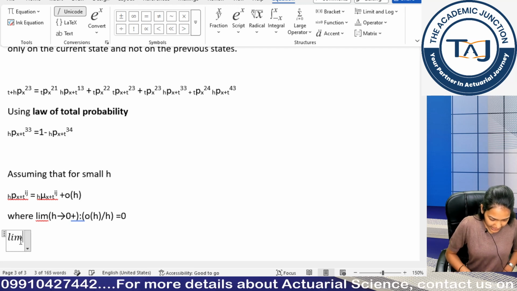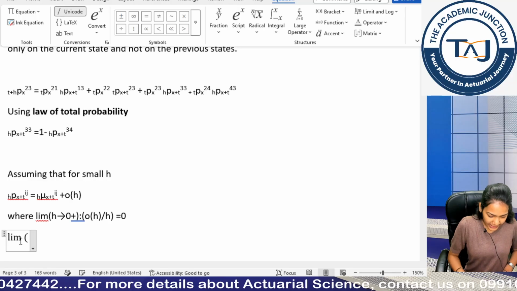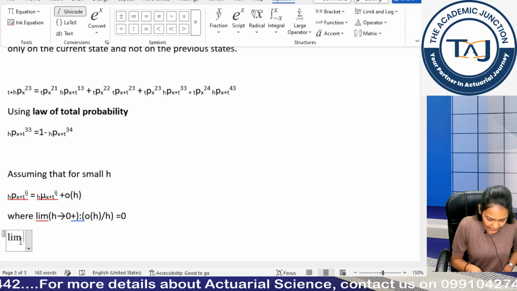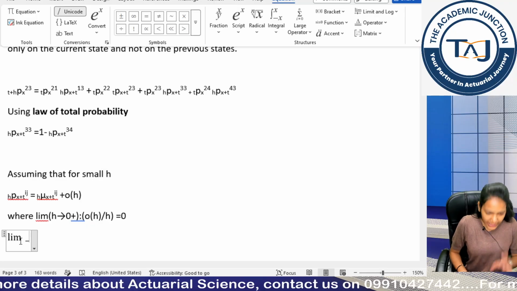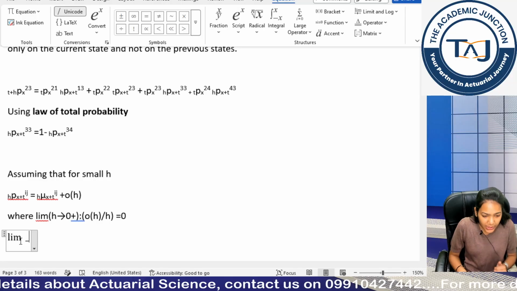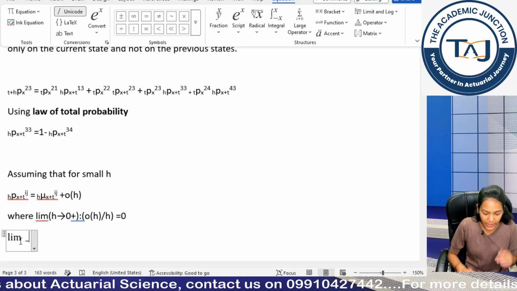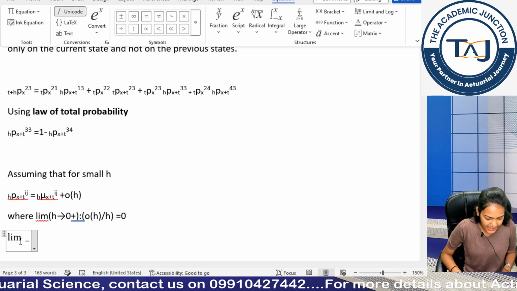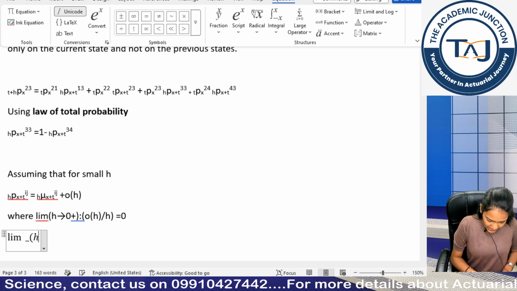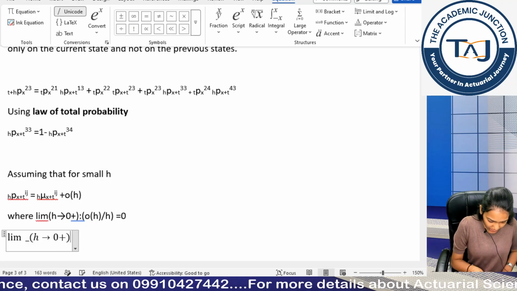First I write lim, then I take out the brackets, then I remove the bracket, then I use this underscore sign, because in the equation editor if I have to bring something in the subscript, then I have to use underscore. If I have to bring something into the superscript, I have to use this shift 6 sign, right? Then I use brackets because there are more than one term.